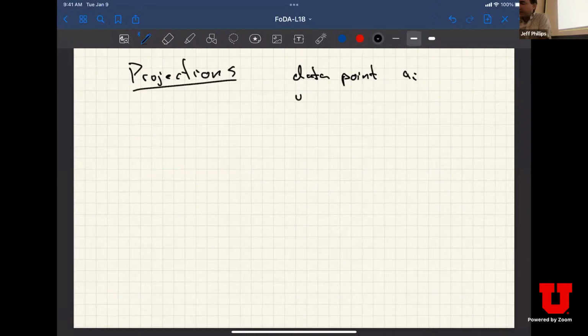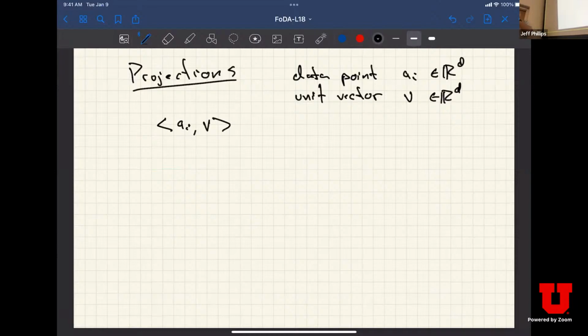We have a unit vector V, and we should think about it coming from the origin. The length is 1.